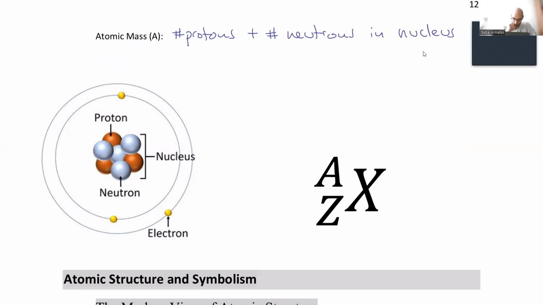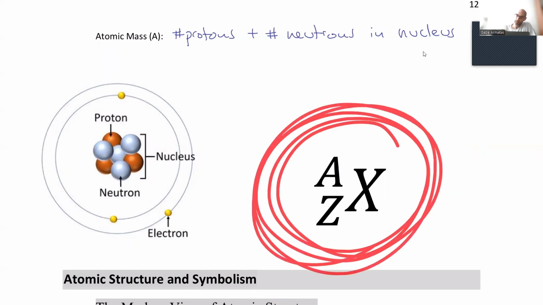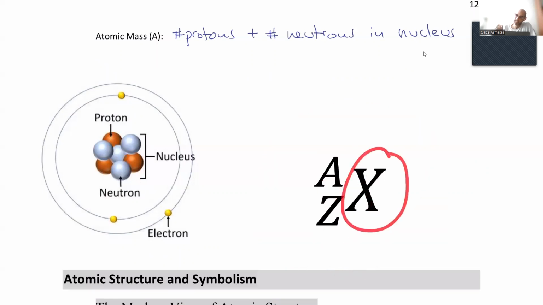So if I take a look at this little example I have here to the left, we are going to have this representative of really what we have. So again, Z is the atomic number, A is the atomic mass, and the X is the chemical symbol. And so let me define all of these. Again, A is going to be atomic mass.